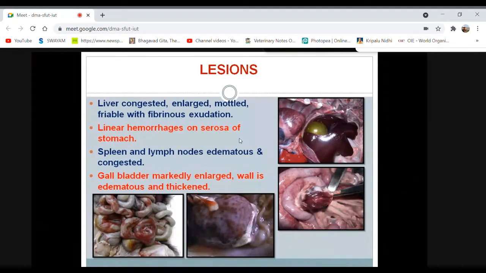Some linear hemorrhagic lesions may be present on the serosal layer of the stomach. The spleen and other lymph nodes may be edematous and highly congested. When you open the gallbladder, the wall is highly thickened and edematous, and as a whole the gallbladder is much enlarged.